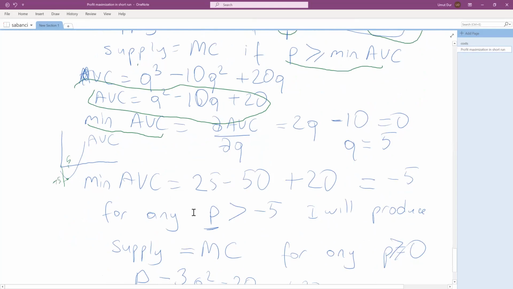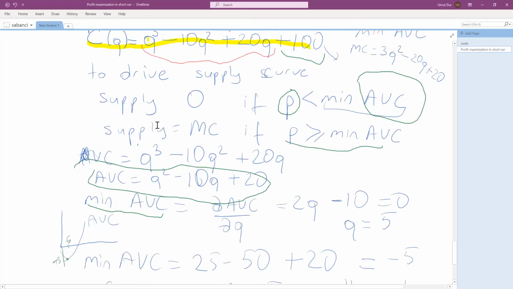What we know here is that I will supply 0 if the price is less than the minimum average variable cost, which is minus 5. Since the price is always greater than or equal to 0, I will always supply, so there will be no zero production here.